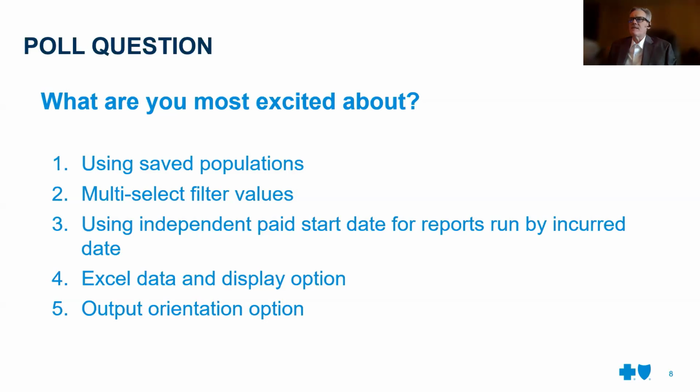So the question is, what are you most excited about? Using saved populations, the multi-select filter values, using independent paid start date for reports run by incurred date, Excel data and display option, output orientation option.